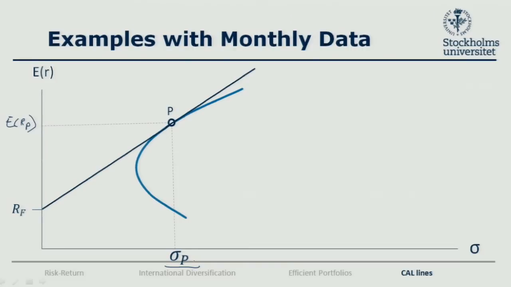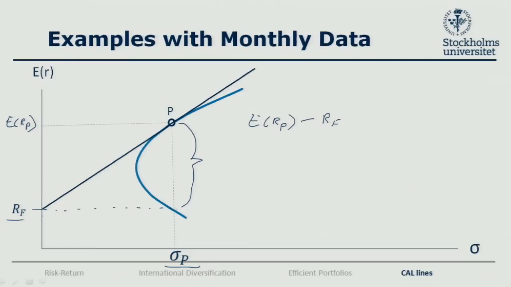Okay, so how do you compute the slope of a straight line? This is, of course, repetition for all of you, but we do it anyway. What you can do is look at the change in the y-axis, which is the return. For the portfolio, we have E of R_P. And then here at the very bottom, we have the risk-free rate. So we take the difference between the expected return of the portfolio and the risk-free rate.